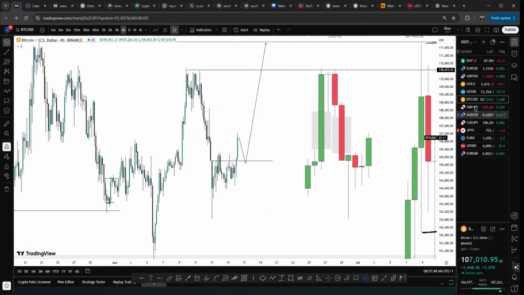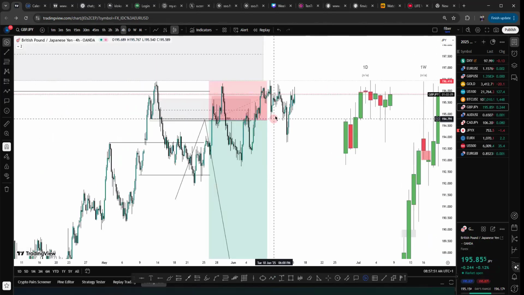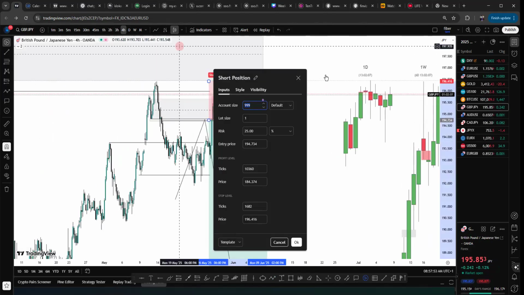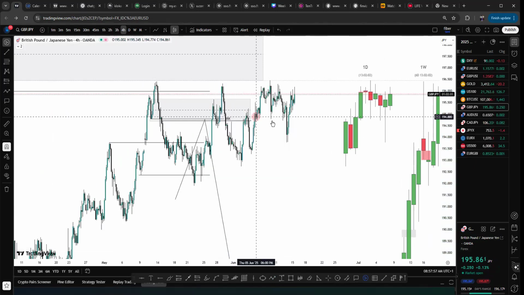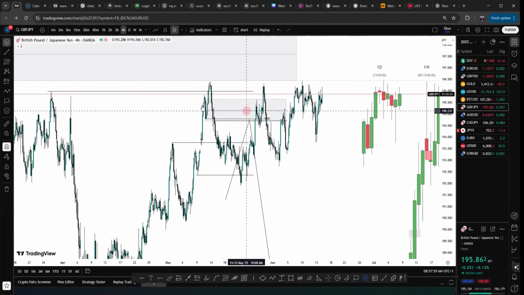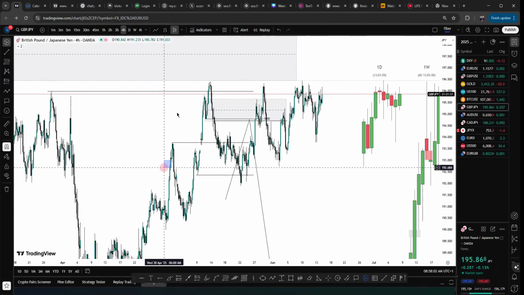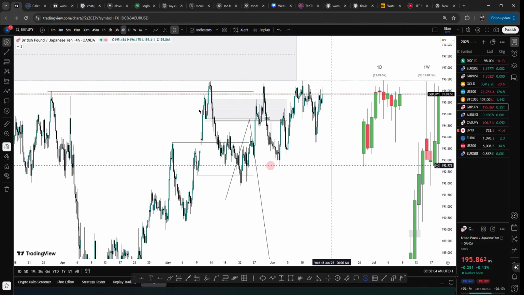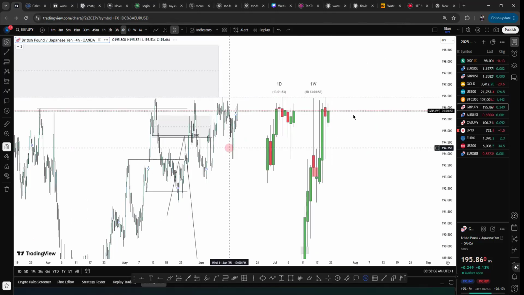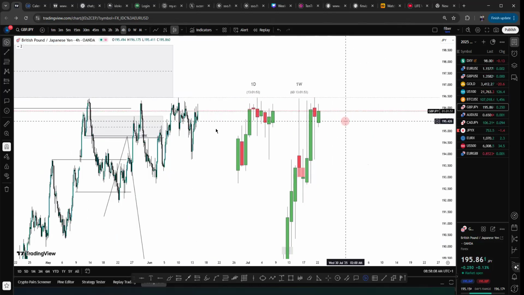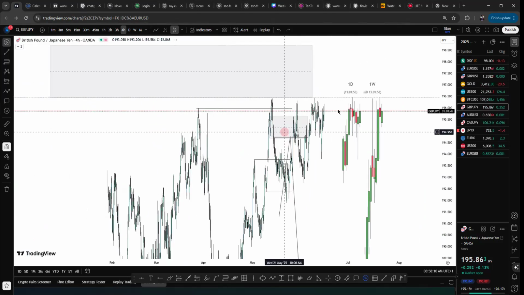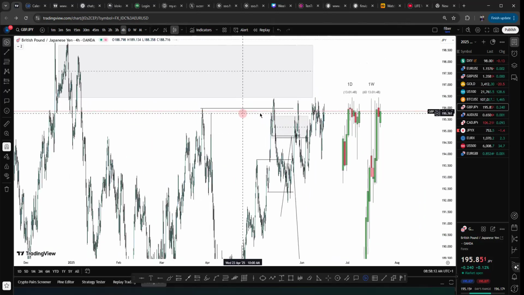Let's look at GBP-JPY. There was a trade that we took since last time. Price has been playing around for a long time, accumulating. All this while I've not been trading GBP-JPY. Price has actually been accumulating, but still, I am expecting some sales to come in on it.